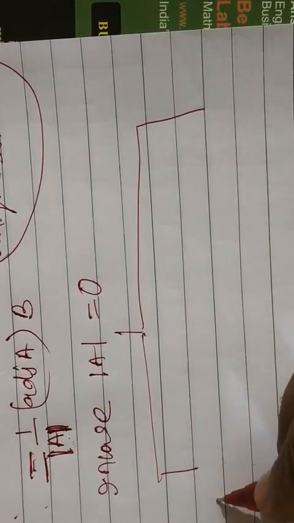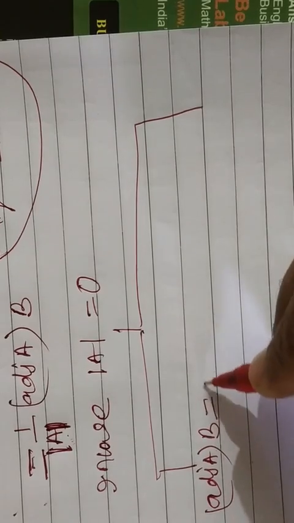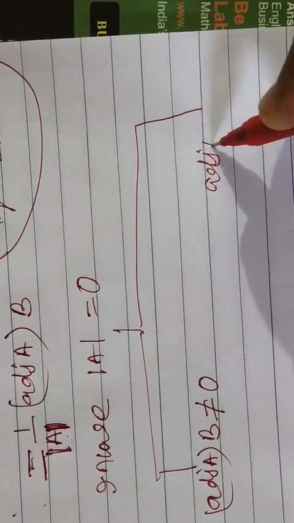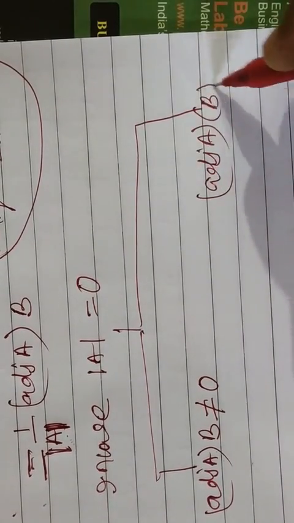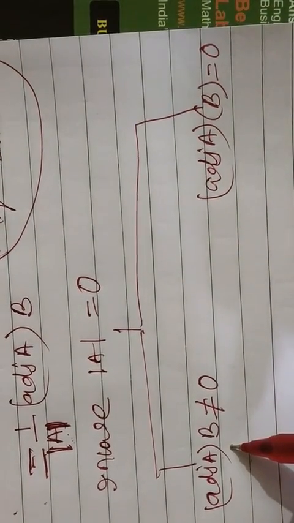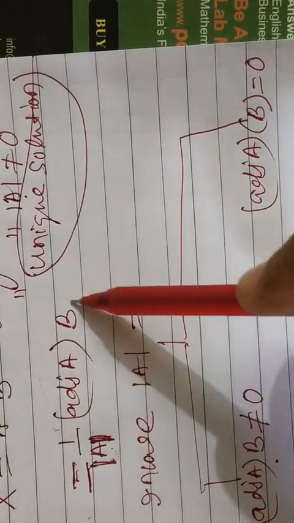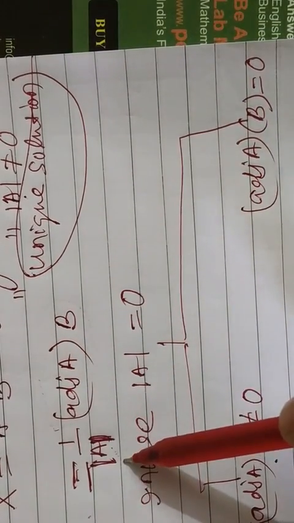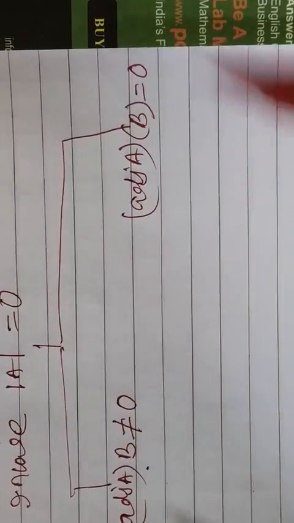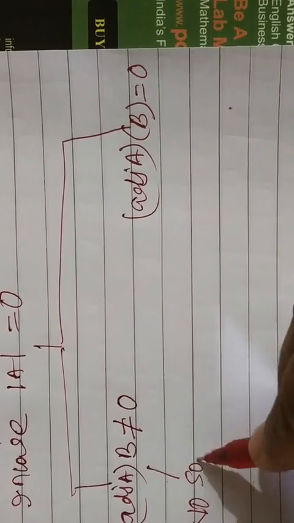One, adjoint A into B is not equal to 0. Two, adjoint A into B is equal to 0. In the first situation, X is a non-zero matrix divided by the 0 number. That means it is undefined, meaning no solution.